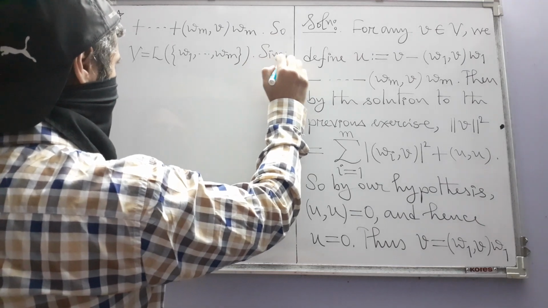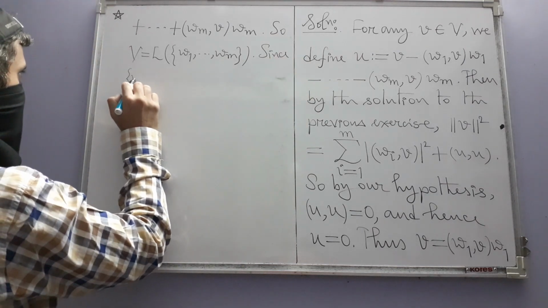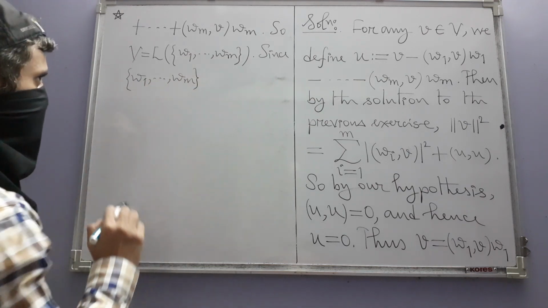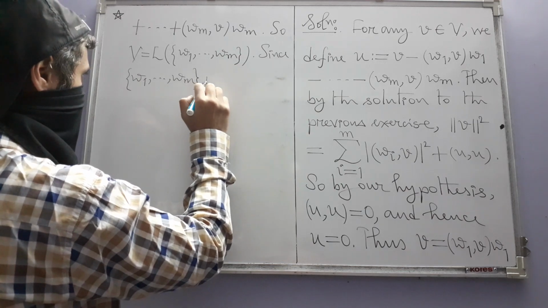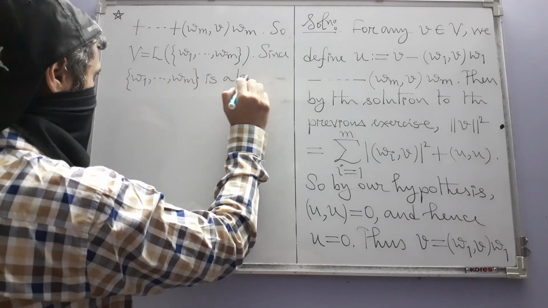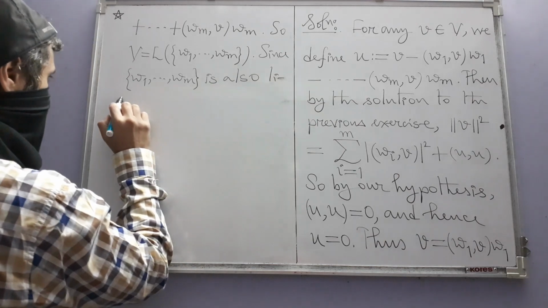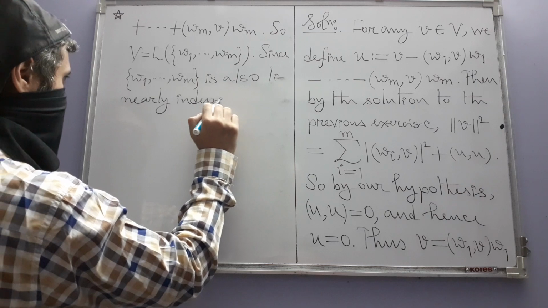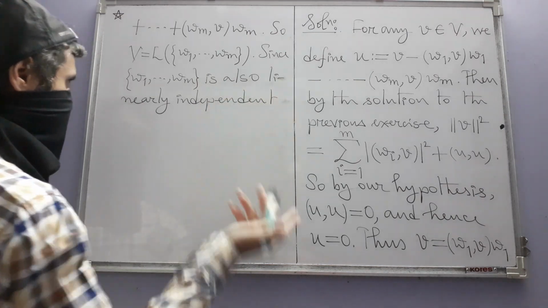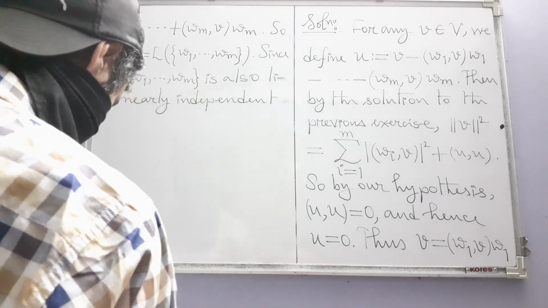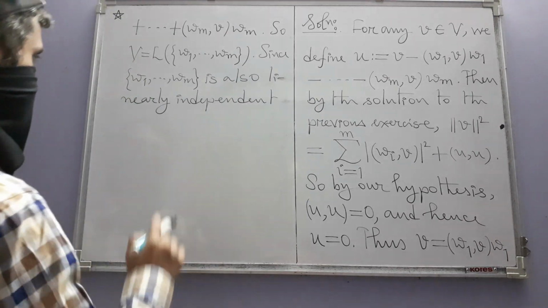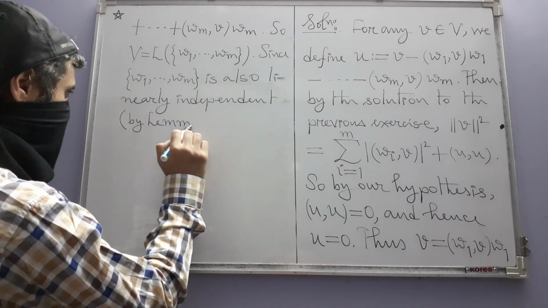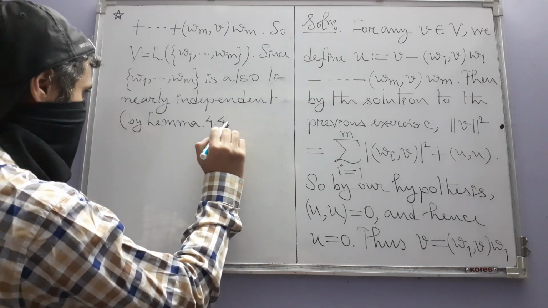Since this set, being an orthonormal set, is also linearly independent, it's a known result, but still, if you want, you can refer to where it's coming from by lemma 444.